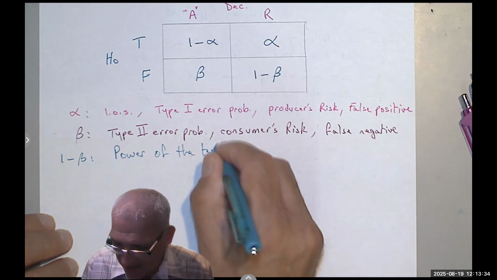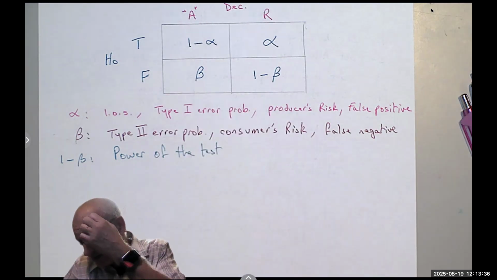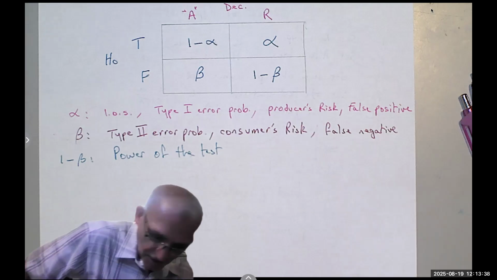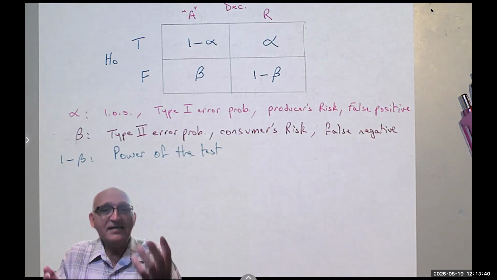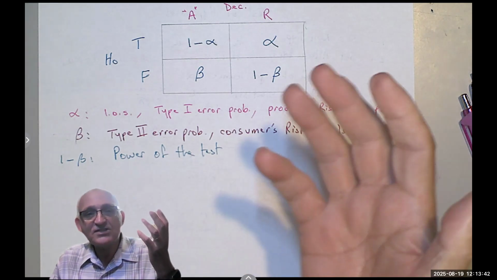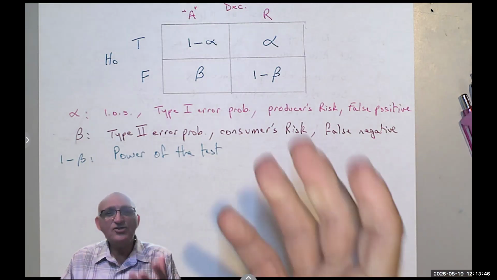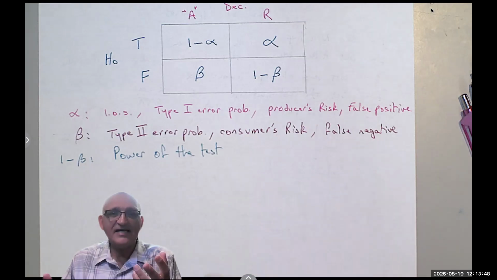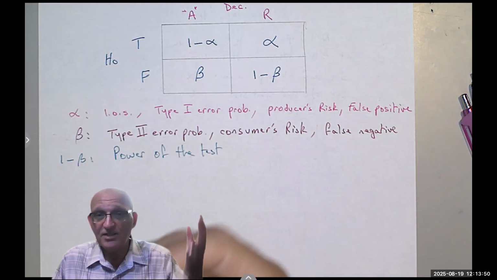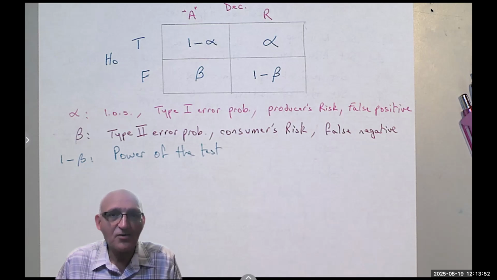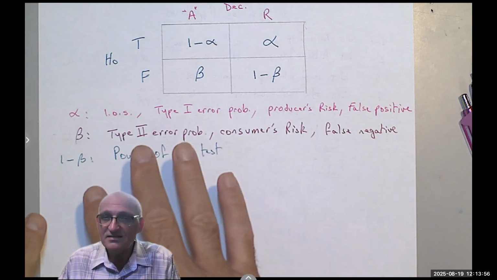We'll talk about beta and 1 minus beta later, but alpha and beta, one of them is the producer's risk, one of them is the consumer's risk. And that's why we try to set a balance so that one of them will not be much larger than the other. Okay? Again, beta is a little tricky.